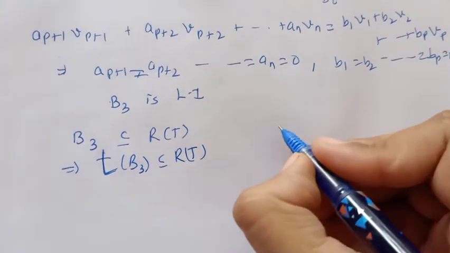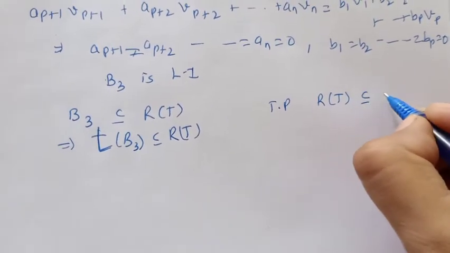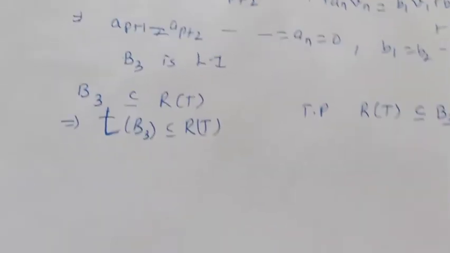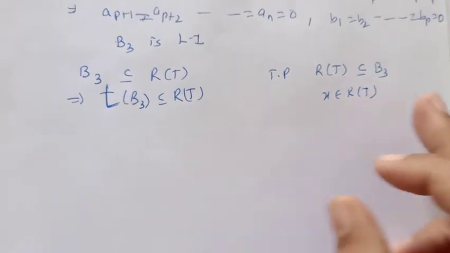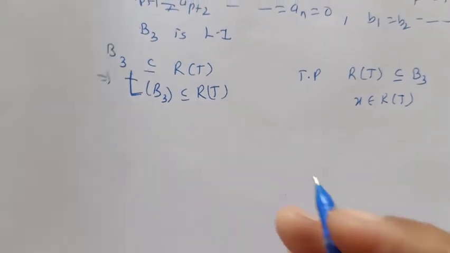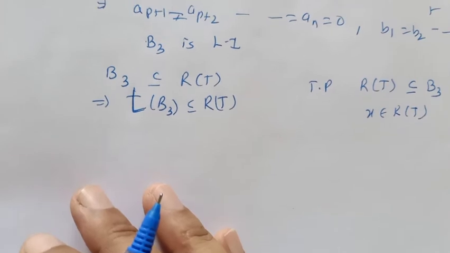Now we have to prove the reverse, that the range of T is contained in the span of B3. What we usually do is take an arbitrary element, let us say y, from this range set, and we prove that it belongs to the span of B3. So let y be from the range set.